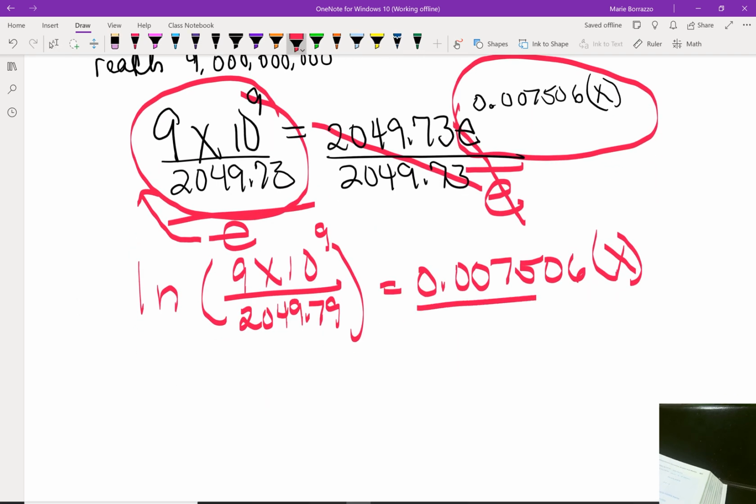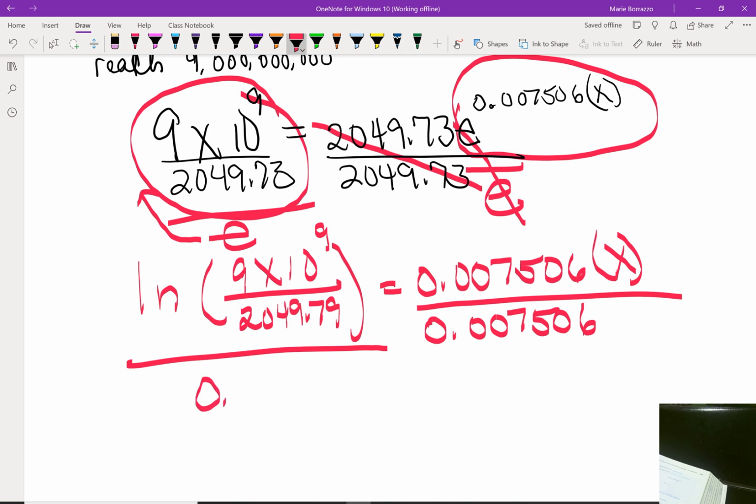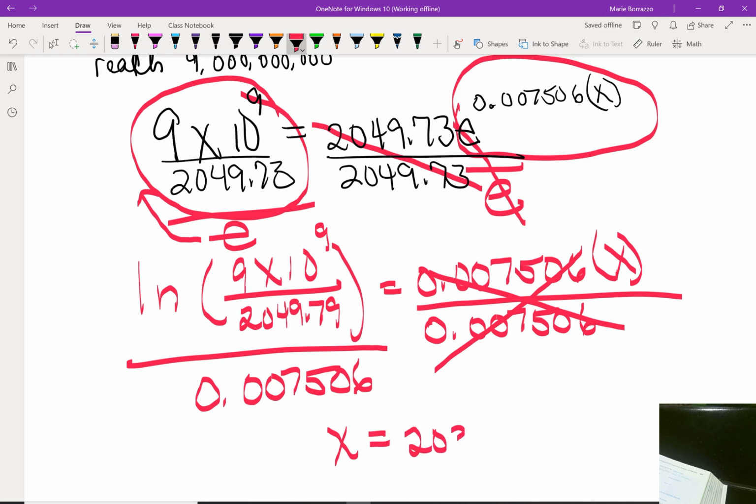So obviously to solve for x, I would divide by 0.007506 on both sides, canceling all of this out, leaving me x equal to that. I would then find that x is equal to 2038.